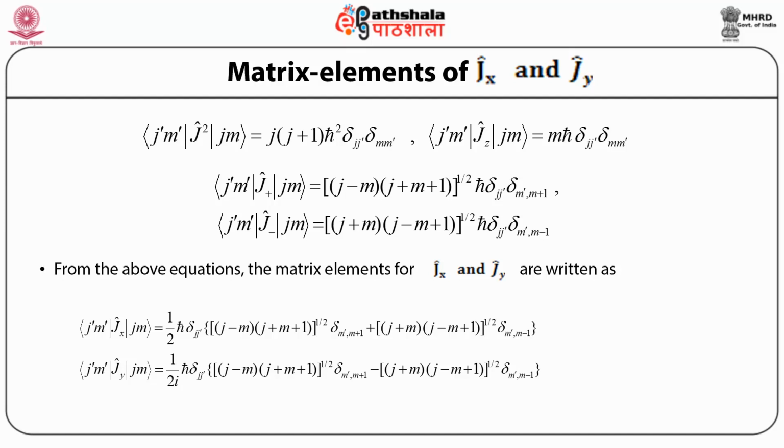The next matrix element, ⟨j′m′| Jy |jm⟩, is equal to 1/2 iħ δ_{j′j} within the curly brackets, √((j−m)(j+m+1)) δ_{m′,m+1} minus √((j+m)(j−m+1)) δ_{m′,m−1}.